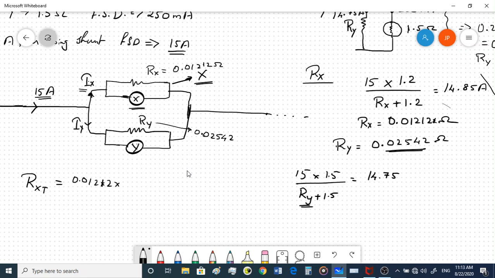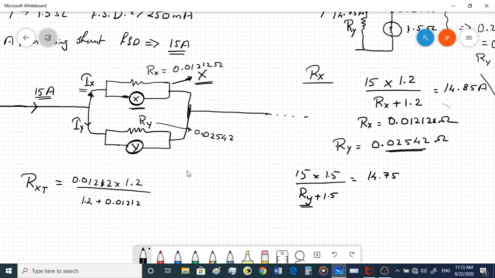So that is 0.01212 into the meter resistance of X, which is given as 1.2 ohms, divided by 1.2 plus 0.01212.